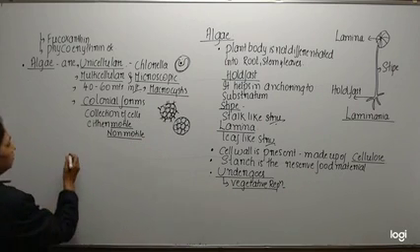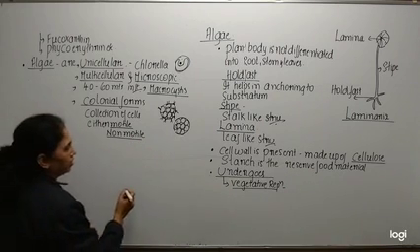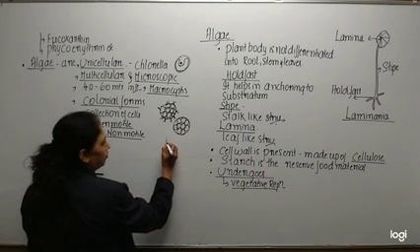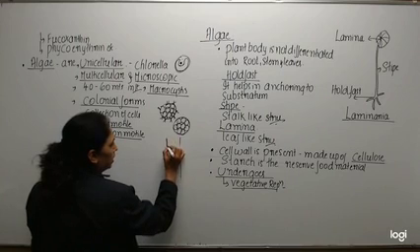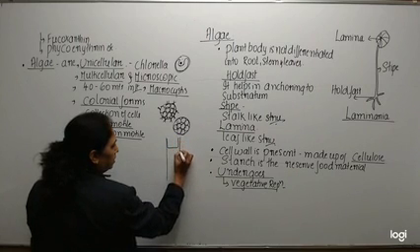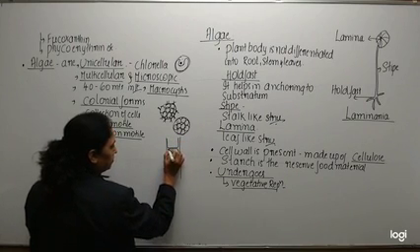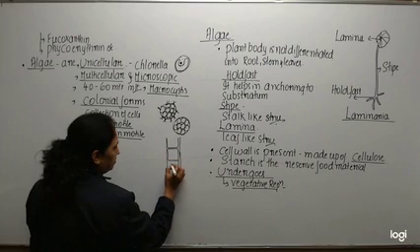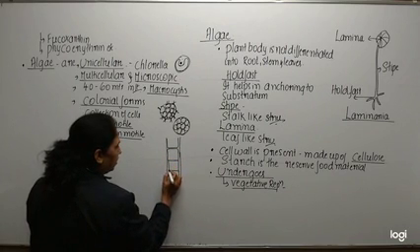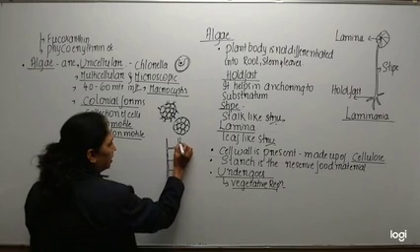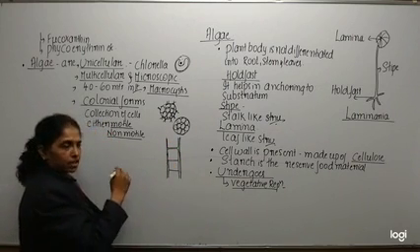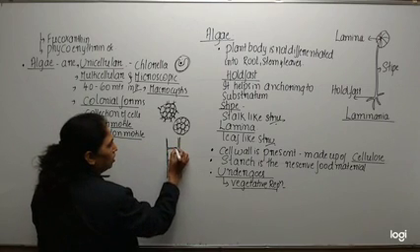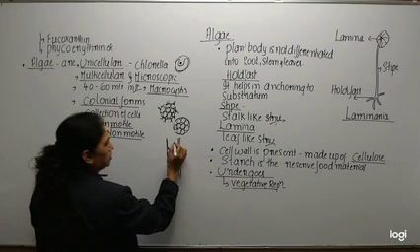And in some species we find the formation of filaments, for example, where cells are arranged one above the other like a row.